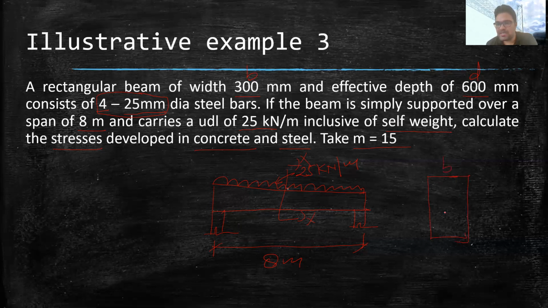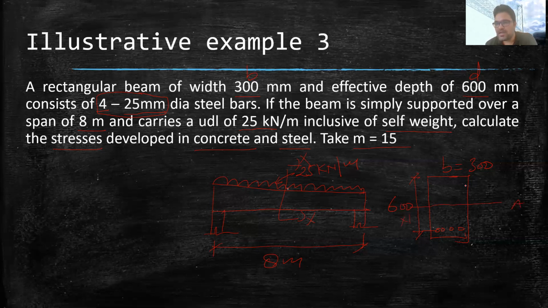So this is the B, and there are 4 bars which are being provided, and the effective depth is given. So effective depth will be how much? Effective depth will be 600. And B is 300. So this is the case that is being given. And we have to find out the neutral axis, which is NA.